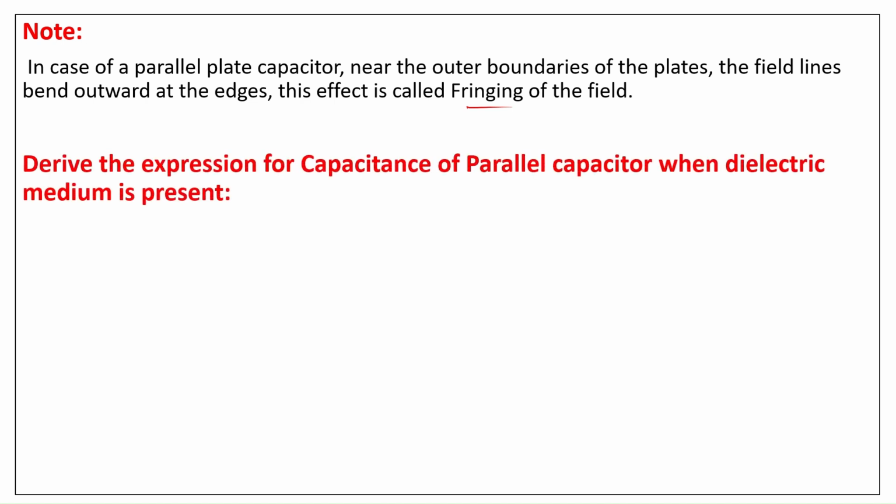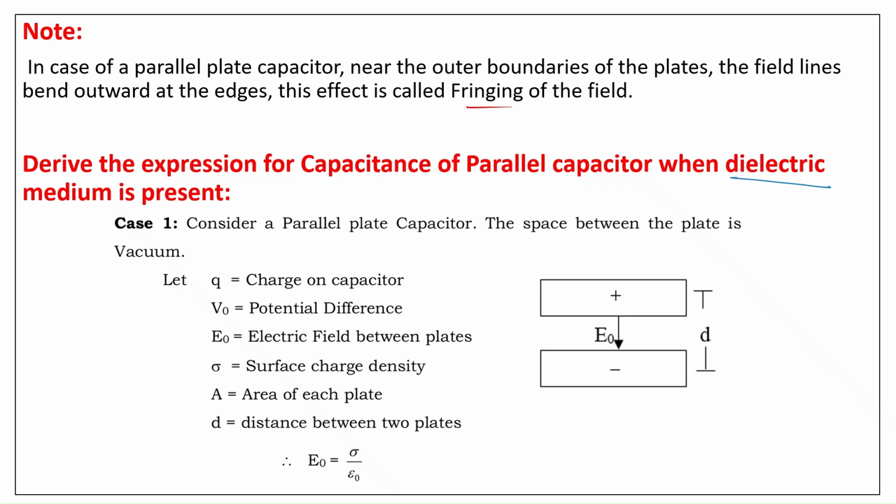Next, derive the expression for capacitance of parallel plate capacitor when dielectric medium is present. Proof. Case 1. Consider a parallel plate capacitor. The space between the plates is vacuum.